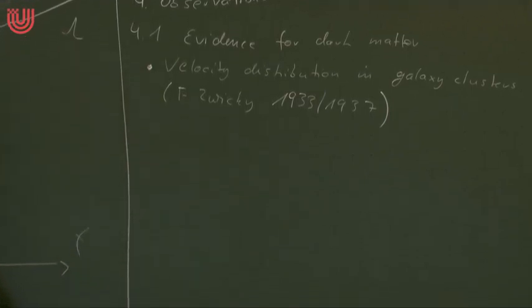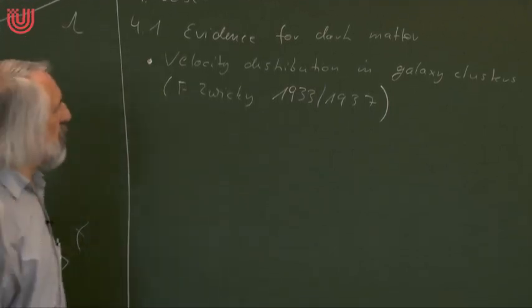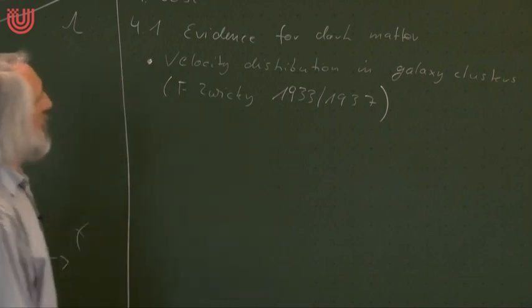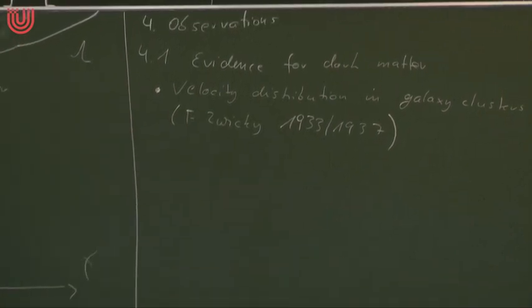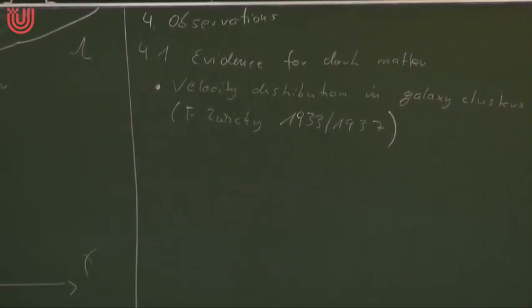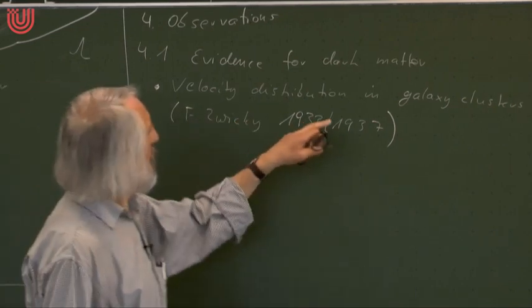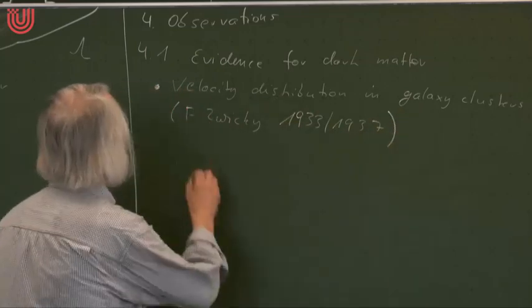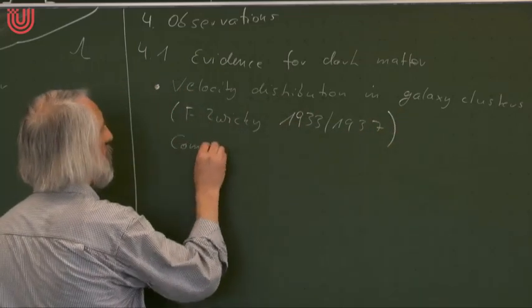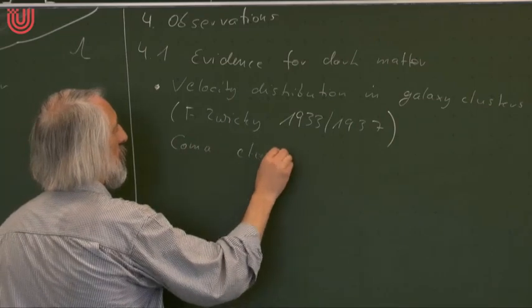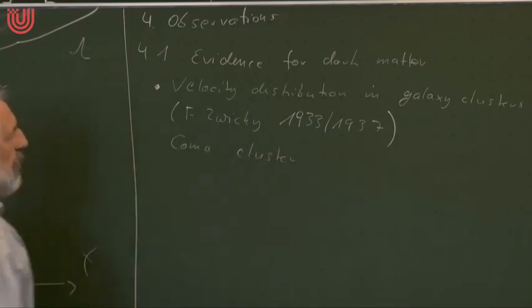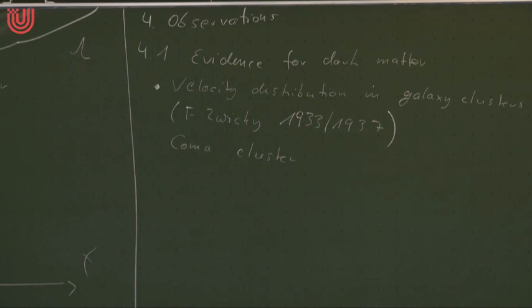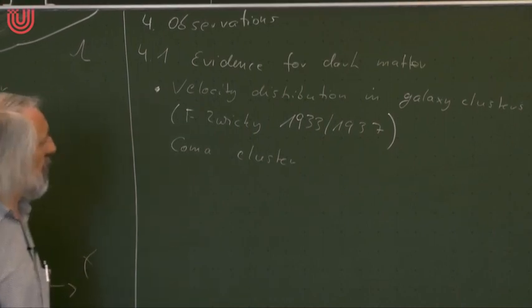And what brought Zwicky to think that there must be a lot of matter in the form of dark matter, which we don't see? Well, what he investigated was the velocity distribution in a particular galaxy cluster, which is called the Coma cluster. This is the constellation where this cluster is in the sky.